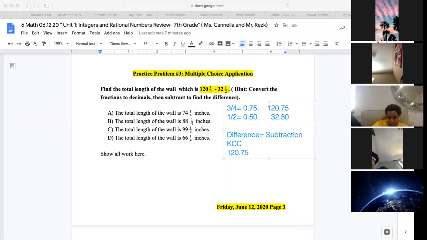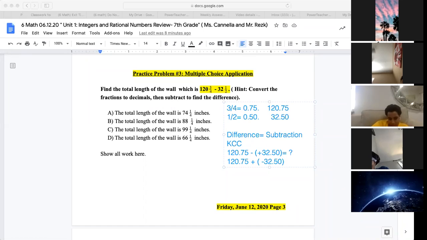So 3/4 is 0.75 minus, I'm going to put in parentheses, 32.5, which is a positive number, equals some number. Now we're going to keep the first. Jazzy, take over now. What happens to the subtraction? So 120.75 stays the same. The subtraction turns into addition, and 32.50 turns into negative 32.50.